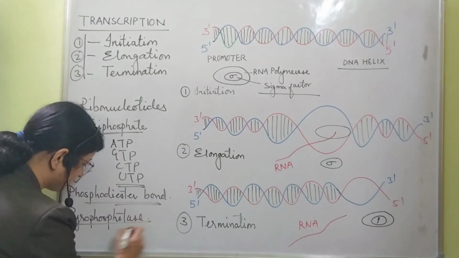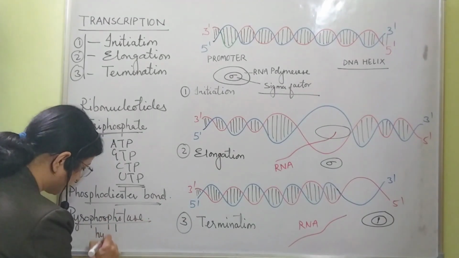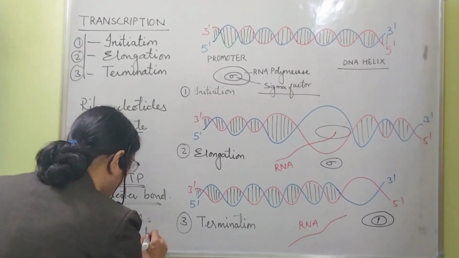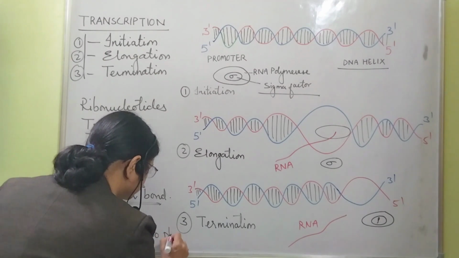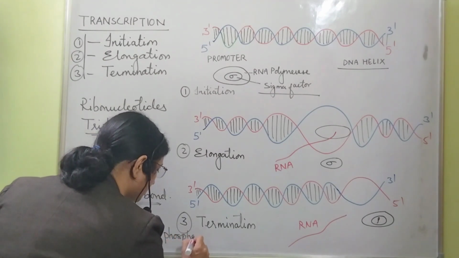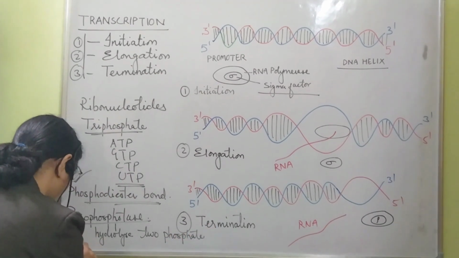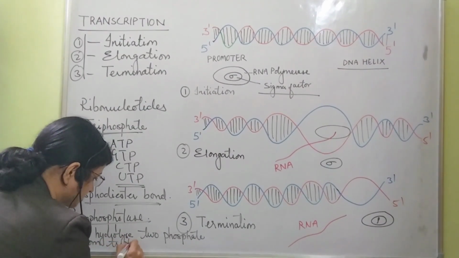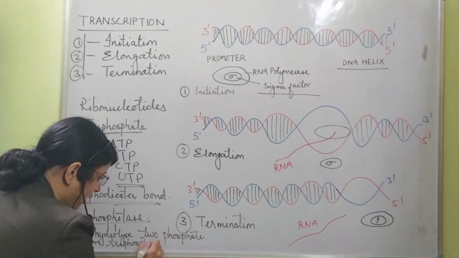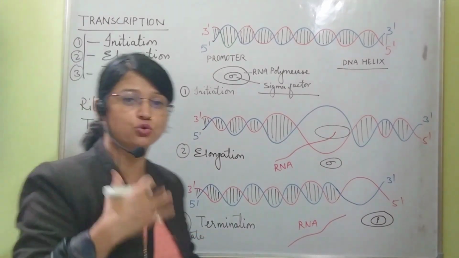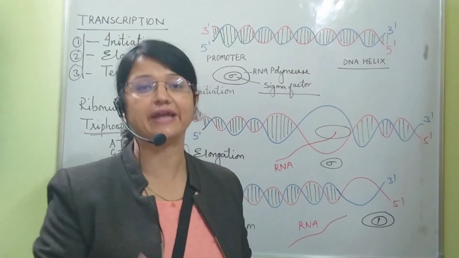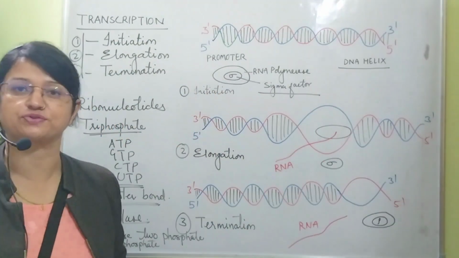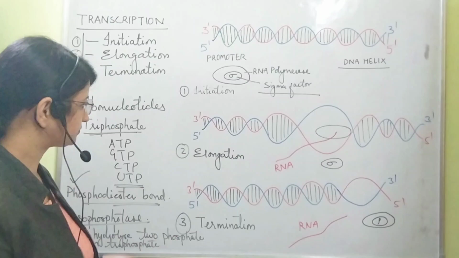This enzyme will hydrolyze 2-phosphate from triphosphate, and when it hydrolyzes 2-phosphate, what will happen? Energy will be released and that energy will be used for the process of transcription.